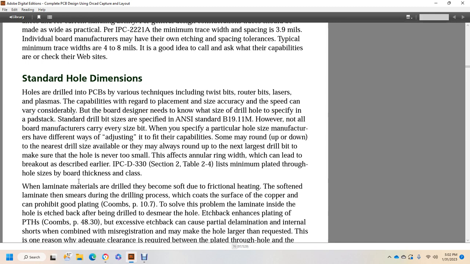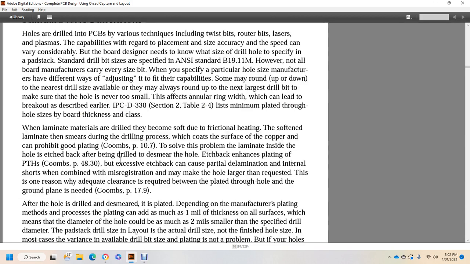You can specify a particular hole size, but the manufacturer may have a different way of adjusting it to fit their capabilities, so may round up or down to the nearest drill size available. They must also always round up to the next largest drill to make sure that the hole is never too small, but the effect on the annular ring width can lead to breakout, described in IPC D330, section 2, table 2.4, with the list of minimum plated hole size by board thickness classes.